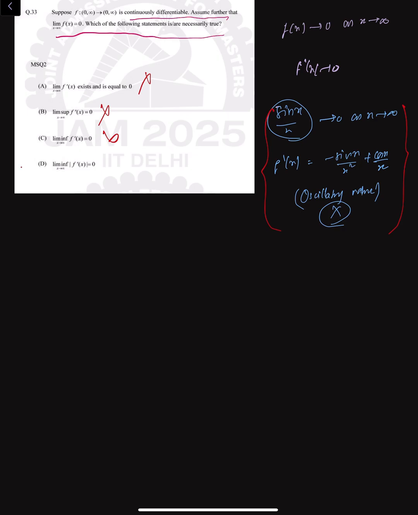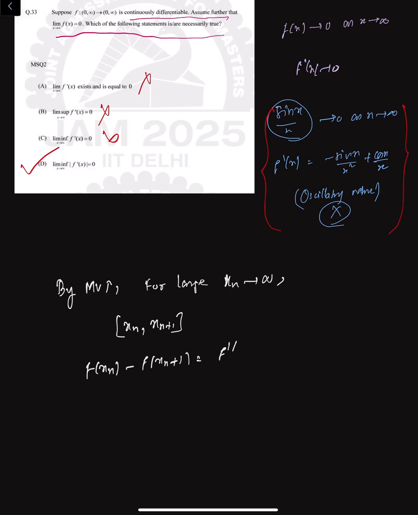So therefore the correct option would be option D, because this can be true. If we use the mean value theorem, MVT, for large xn which tends to infinity, we consider the interval xn and xn plus 1, so f of xn plus 1 minus f of xn equals f dash of xi n for some xi n belonging to xn comma xn plus 1.